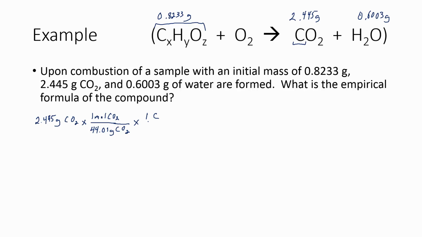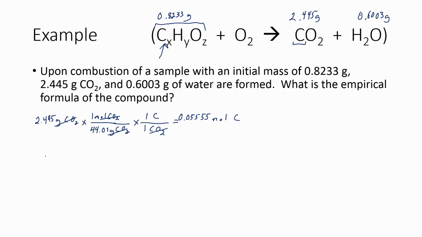And we also know that there's 1 carbon for every carbon dioxide. So this will cancel grams, will cancel moles of CO2, and we're left with moles of carbon. And where did all that carbon come from? It came from our original sample. Okay, so what do we get? 2.445 divided by 44.01 gives us 0.0555, lots of 5s repeating here, moles of carbon.